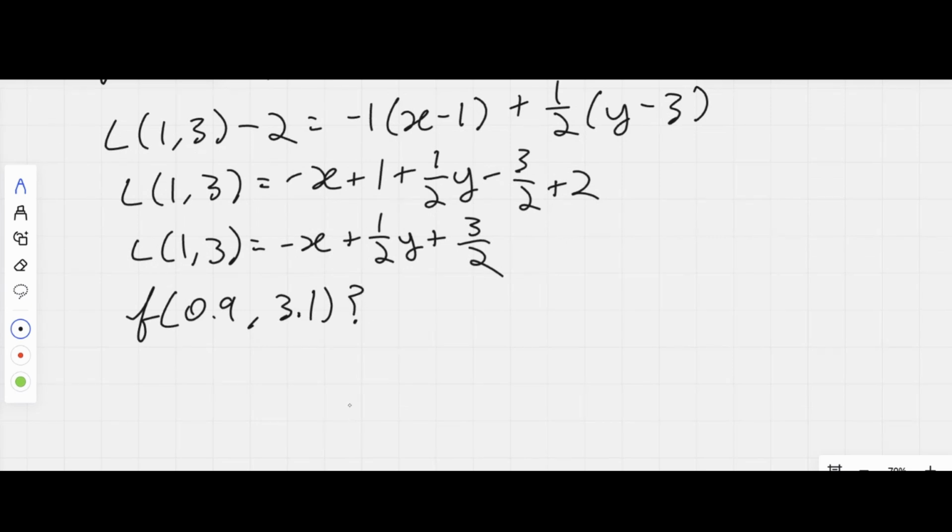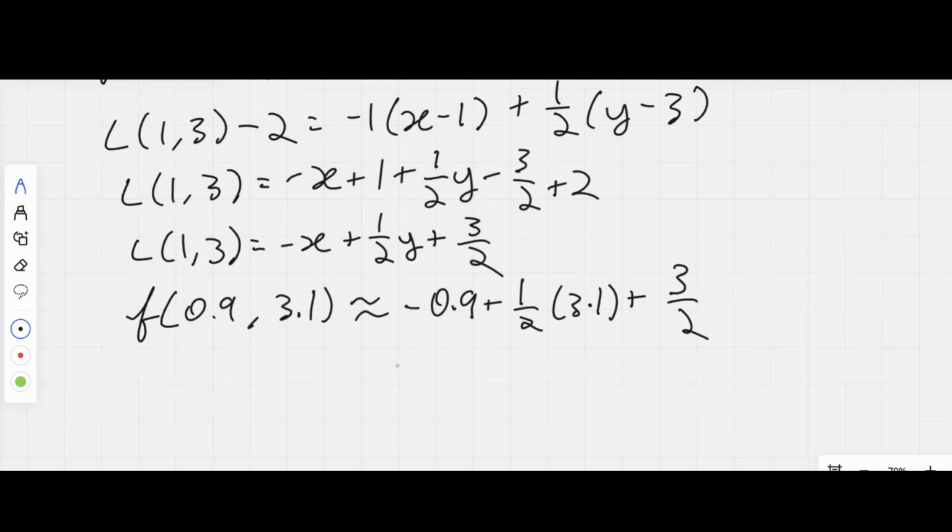Alright, so in order to do that, because we're simply estimating, we can just plug in the values of x and y into this linearization. So hence, we can say that the value of f of (0.9, 3.1) is going to be negative 0.9 plus 1/2 times 3.1 plus 3/2.